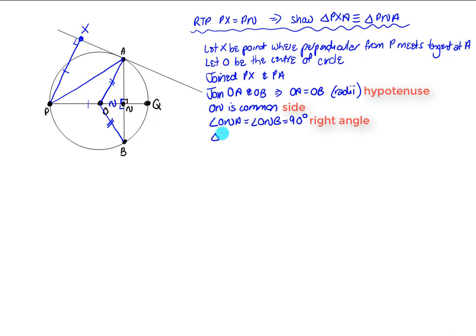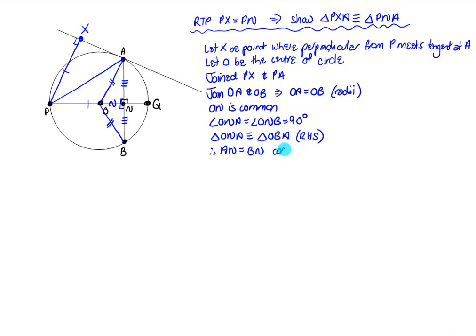So triangle ONA is congruent to triangle ONB, and that's because of right angle, hypotenuse, side. If they're the same, then we also know that this side here has to equal that side there. So therefore, AN has to equal BN because they're corresponding sides of congruent triangles.